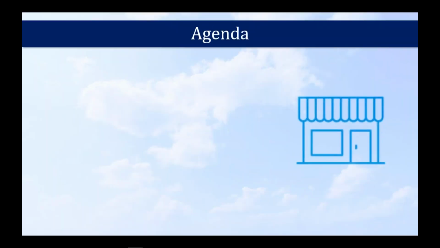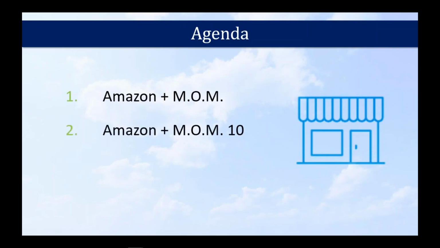Moving right along into our agenda for today. I promised we would keep things short and sweet, and that's exactly what we plan to do. The first thing we're going to look at is Amazon and M.O.M. Basically, what are the current processes if you're using an earlier version of M.O.M and you're also an Amazon seller? Then we're going to take a look, as I mentioned right at the start, at M.O.M 10 features and how that's changed the equation a bit with Amazon, notably how it's going to help you save some time.